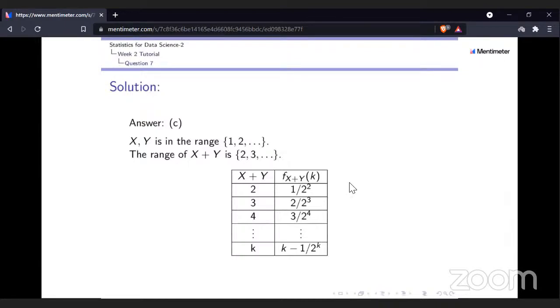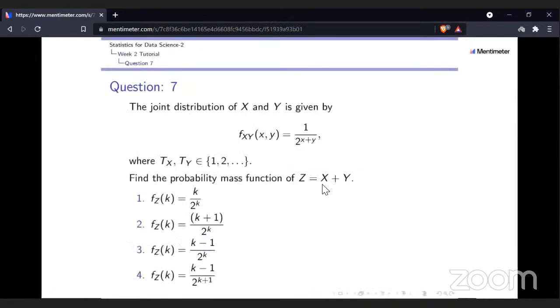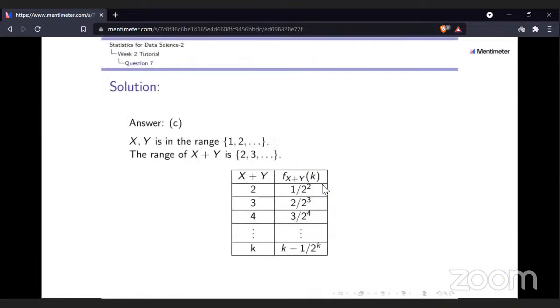If you plot the table and substitute the values, you can see that f of z of 2 will come out to be 1 by 2 squared. f of z of 3 will come out to be 2 by 2 cubed. f of z of 4 will come out to be 3 by 2 to the power 4, and so on. So there's a pattern here. For any k that x plus y will take, the probability is k minus 1 by 2 to the power k. So this is our general answer for this question.